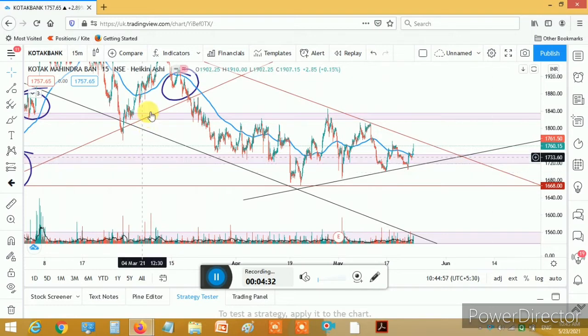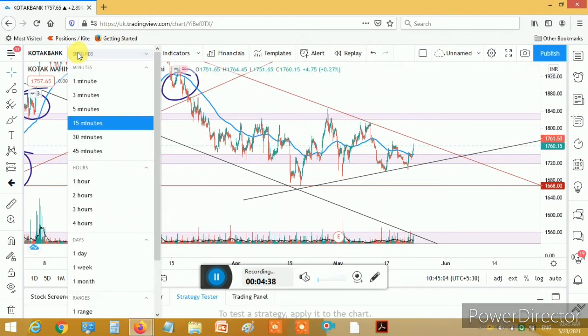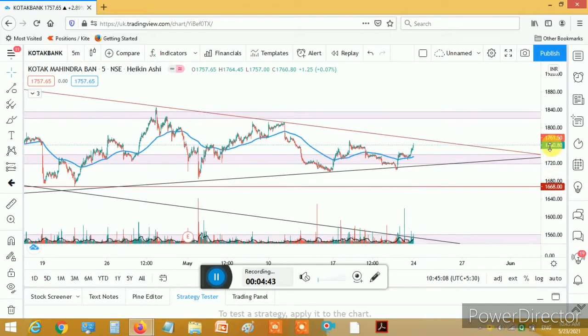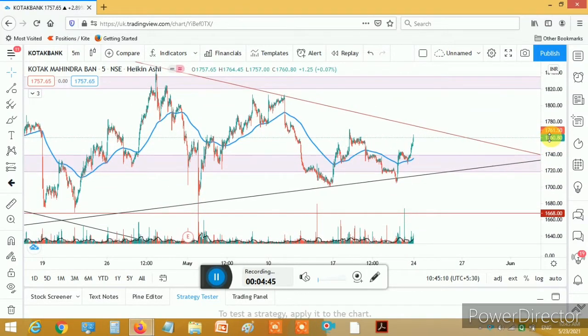So instead of using this dynamic support, if you think of a shorter time for swing trading, suppose we use the 5 minute time frame, you can look at the daily or intraday and see how we can do that.